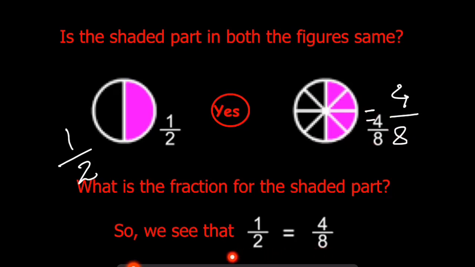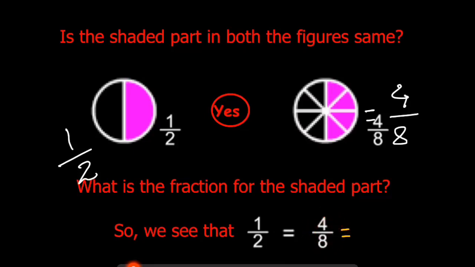These two fractions are exactly the same. Now this 4 by 8 is not expressed in the simplest form. Let's express 4 by 8 in simplest form. How can we do it? We can divide both numbers by 4. These two numbers are multiples of 4, and the highest common factor is 4.